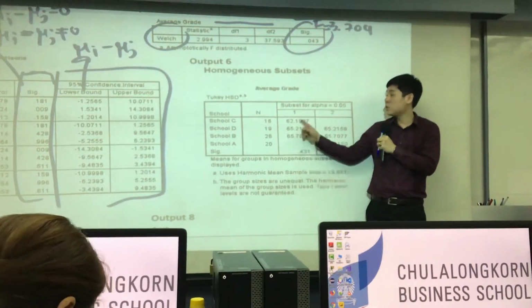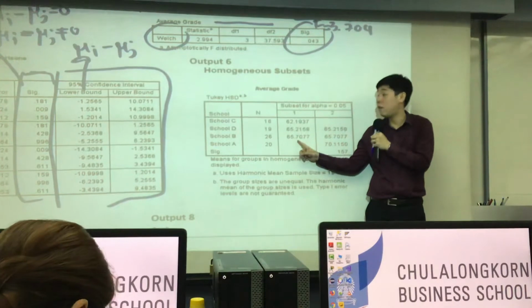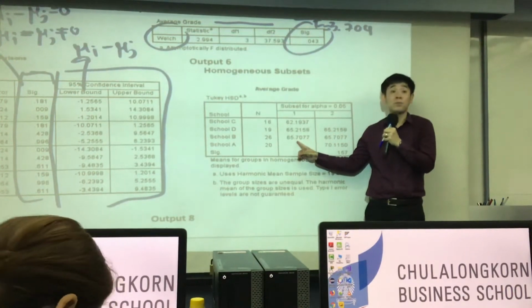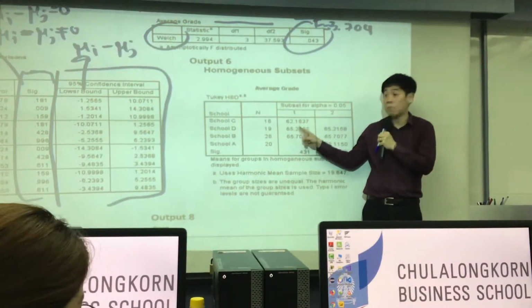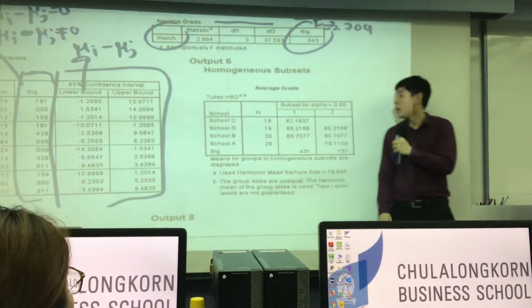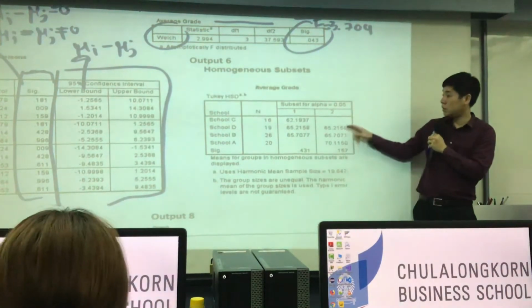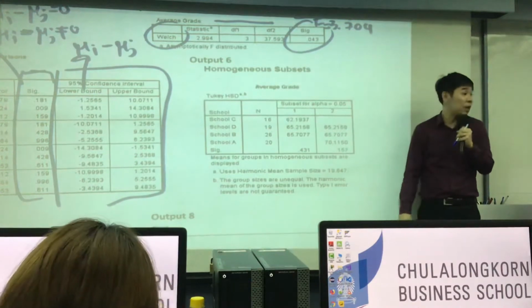Meaning that school C is not different from D and is not different from B. These numbers are the sample mean from C, sample mean from D, and sample mean from B. Subset 2 is D, B, A. D and B and A are about the same.